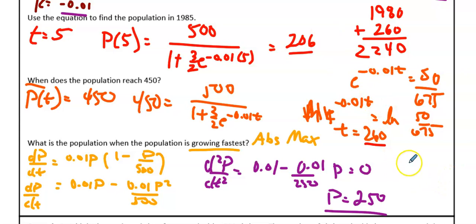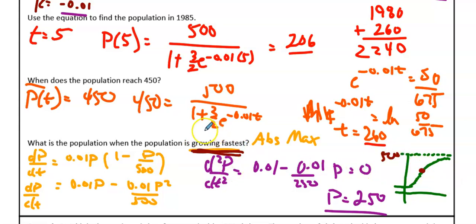Another thing that I'm going to tell you guys that's really awesome about these type of questions, and this works all the time, is that you actually don't have to do this method, because the answer to this question is always going to be half of the carrying capacity.